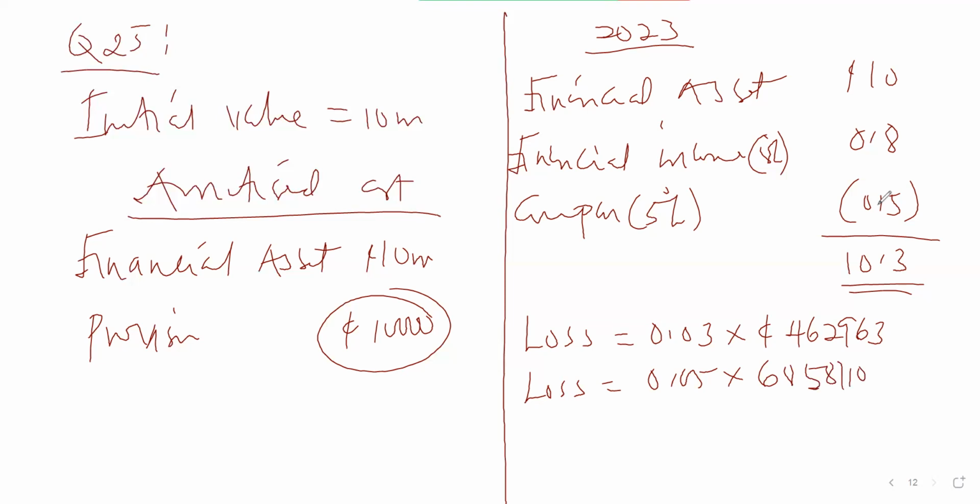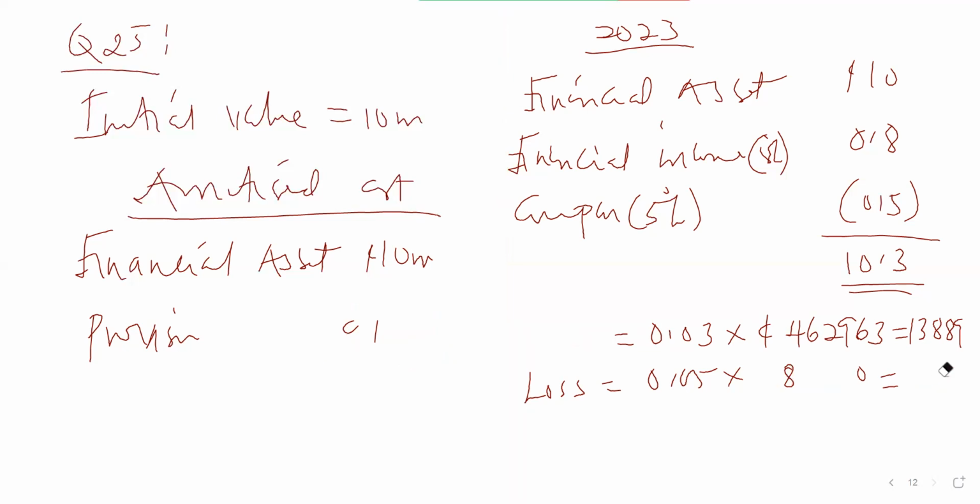How much are we getting? This one gives us how much? And this one gives us how much? The first one is 138,889. The second one is what? 3,429.36.